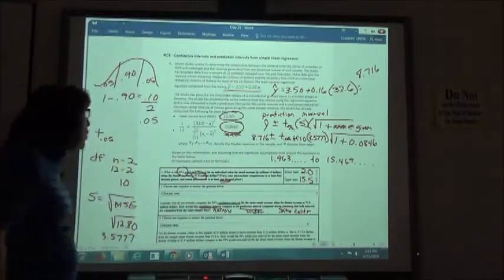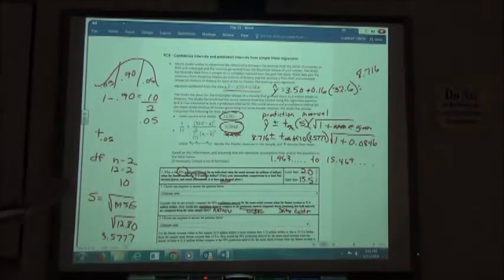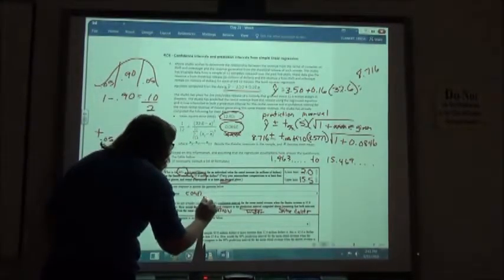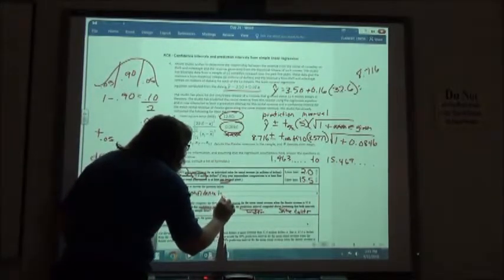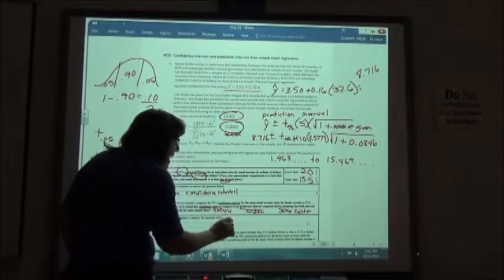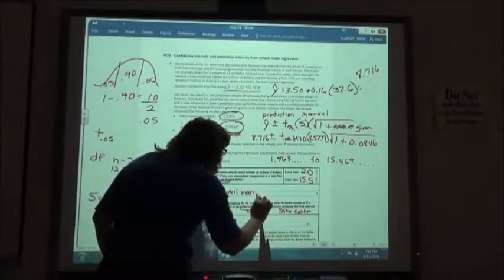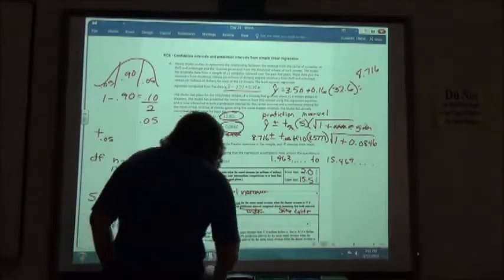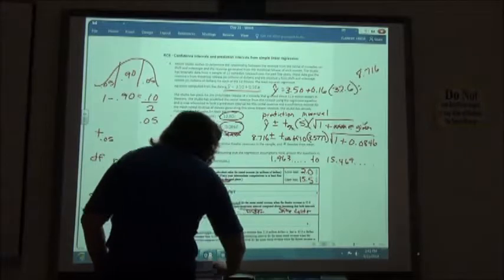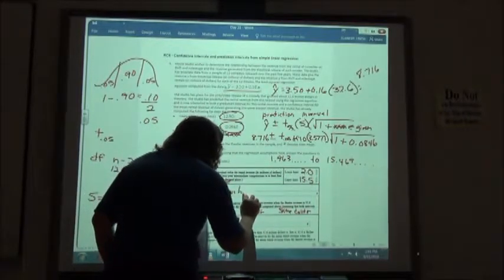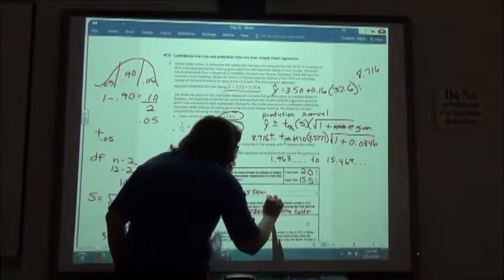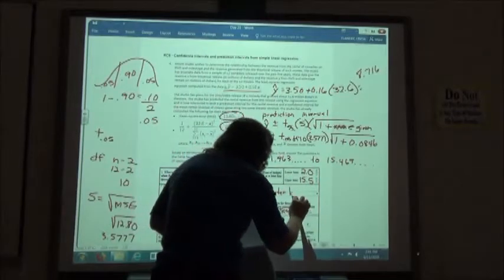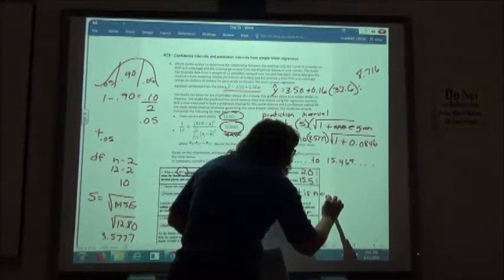So in your drop down, the answer to this question is: the confidence interval has the same center, but is narrower.